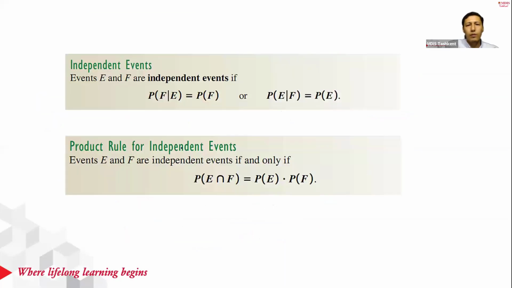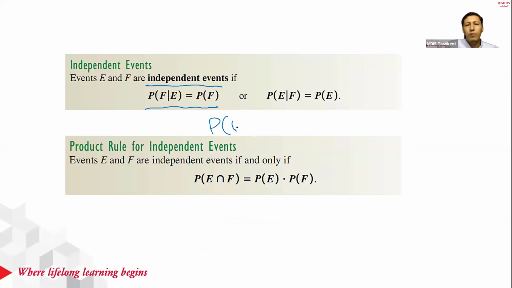Okay, so for independent events, for example, with replacement, if you replace it back, nothing changes. The number of cards, number of hearts, everything will be the same. Then it is an independent event. So instead of finding this conditional one, you can find this.